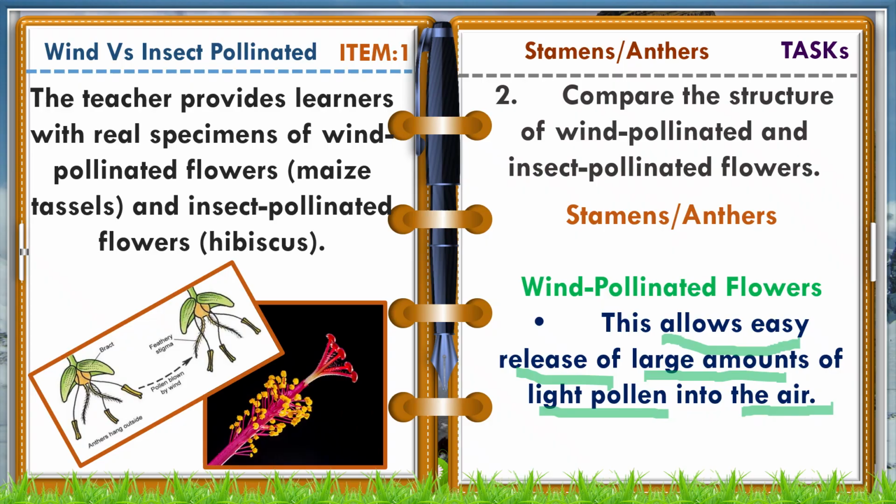Because the anther heads are dangling outside of the flower, pollen will be released in the air freely, much of it, and then it will flow in the air because it is light.